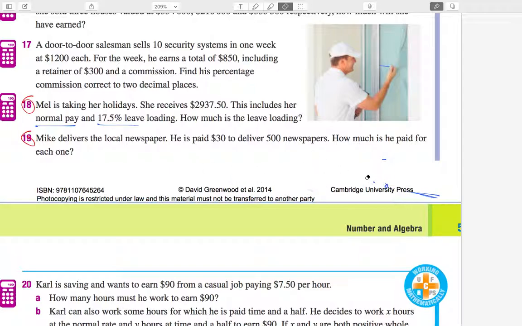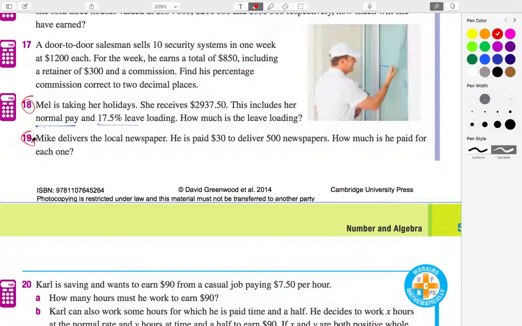So looking at question 19. So Mike delivers the local newspaper. He's paid $30 to deliver 500 newspapers. How much is he paid for each one? So we know $30 equals, sorry, it's in red. I don't like writing in red. We'll get blue. So $30 equals 500 newspapers.